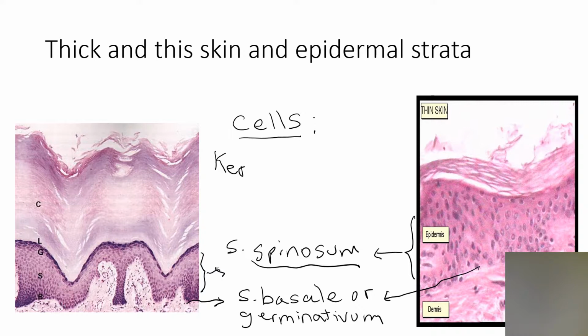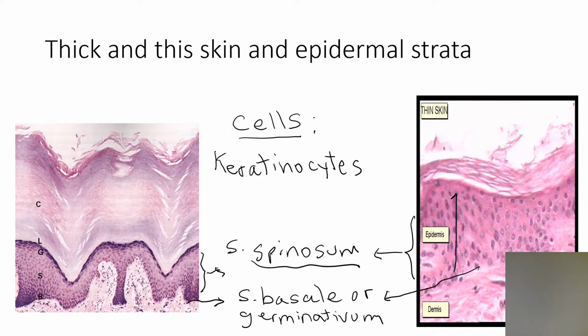As older keratinocytes are pushed to superficial layers, they start to lose their nucleus and organelles and begin to accumulate keratin. The stratum spinosum is found in both thick skin and thin skin.